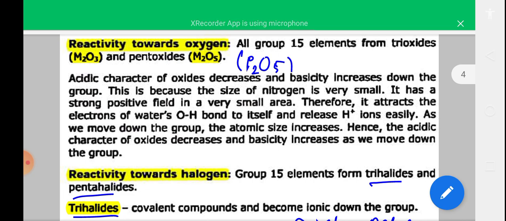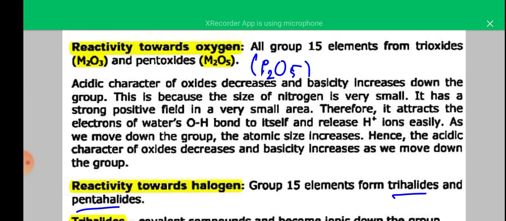This is because the size of the nitrogen atom is very small, and it has a strong positive field in a very small area. Therefore it attracts the electrons of water's OH bond to itself and releases H+ ion easily. So it is acidic in nature.